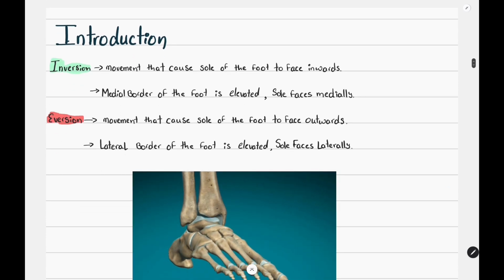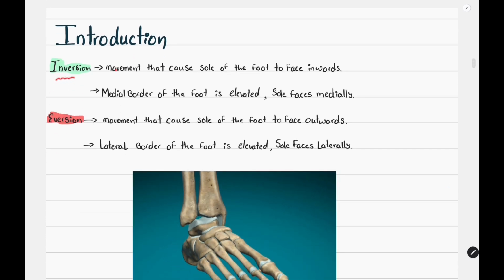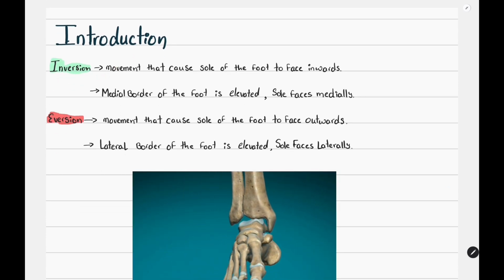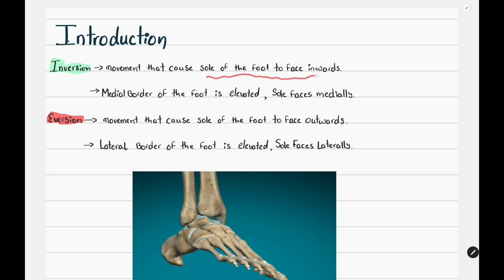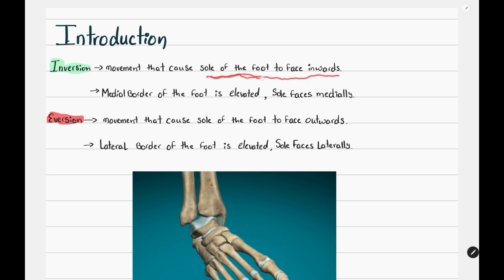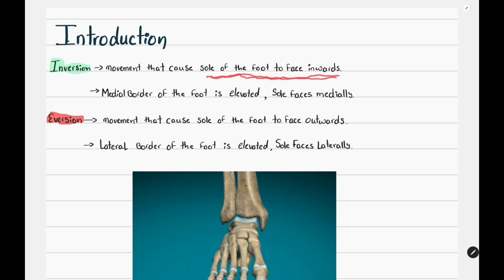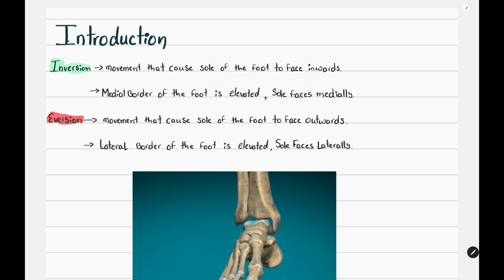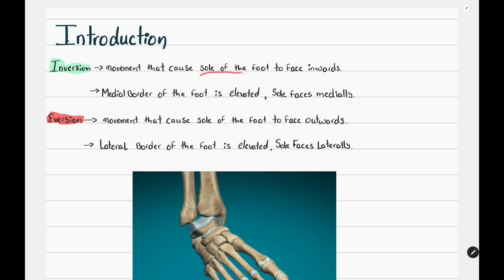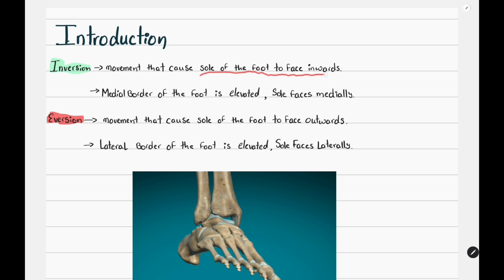So introduction. Inversion is the movement that causes the sole of the foot to face inwards. To explain this to a layman, you can say the sole of the foot faces inwards.